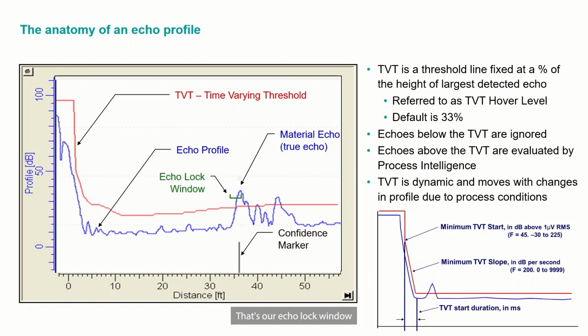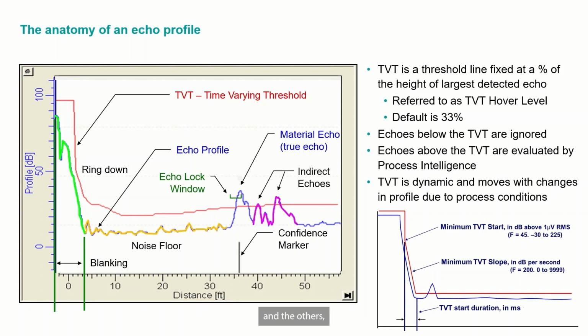That's our echo lock window and our confidence marker. We have our ring down section overlaying on top of the blue line. That's our blanking distance. And we have our noise floor. And the others, those are indirect echoes, maybe other equipment or things that are in or around the material echo. Those are the things that we're going to ignore or take away.